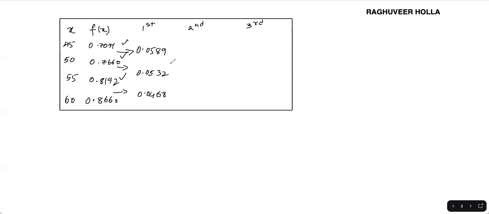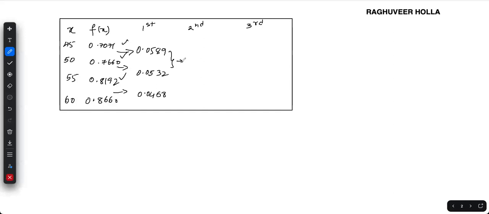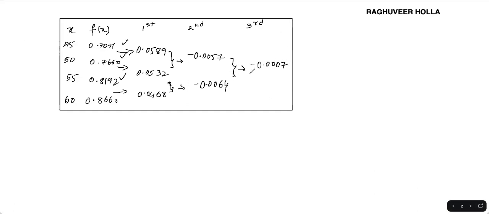Now the second difference will be difference of these two, which is minus 0.0057. The difference of this is minus 0.0064, and third difference. So as you can see here, it converges to a single value, right?